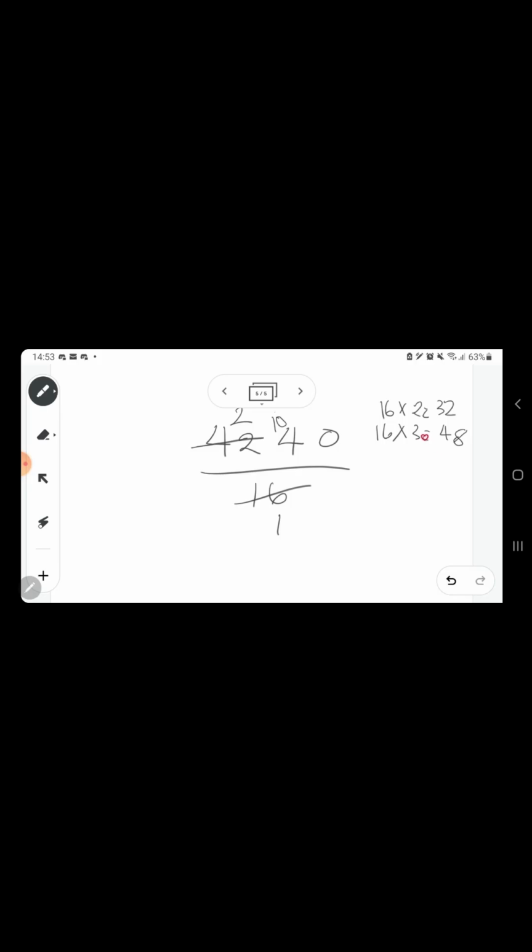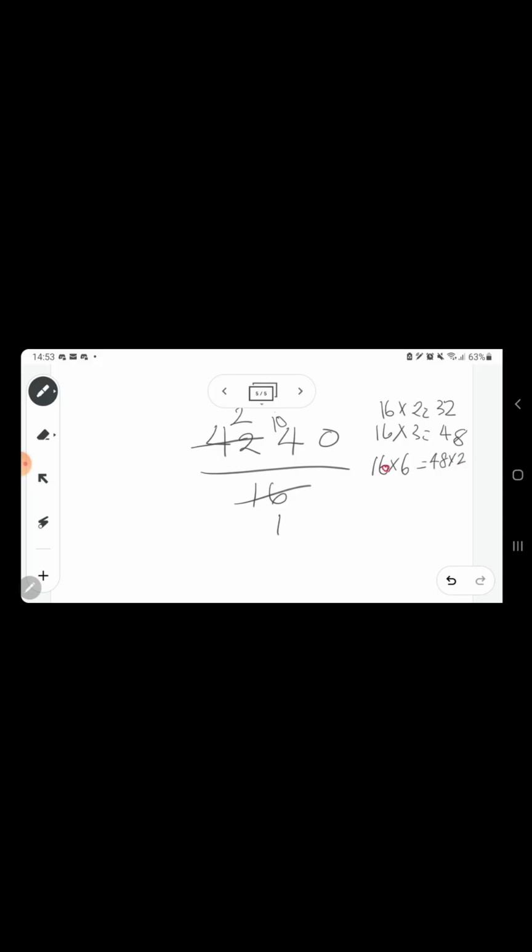Since I know that 16 times 3 is 48, then 16 times 6 is going to be, because I multiply this by 2, if I multiply this by 2 as well, it tells me a solution. So 16 times 3 is 48, and all I did was multiply this 3 by 2 to make it 6, and then I can come here and say 48 times 2.